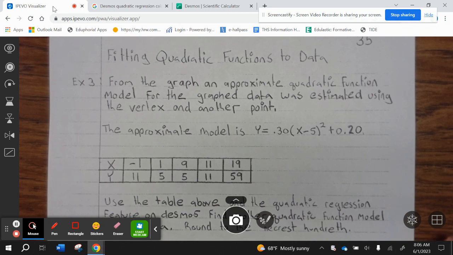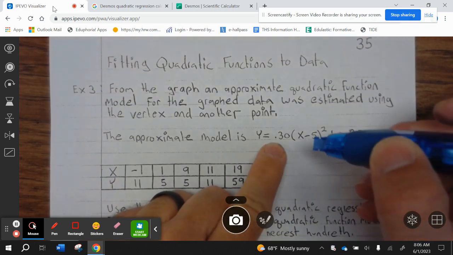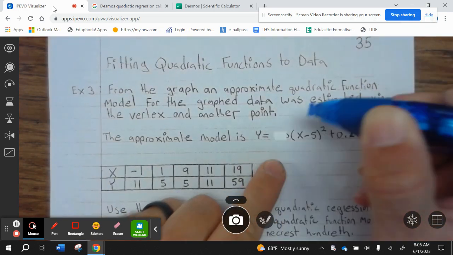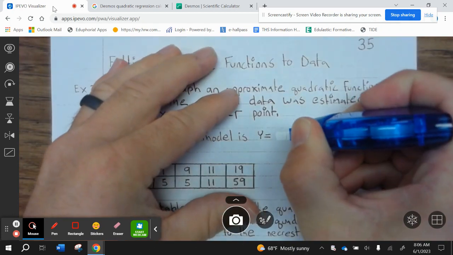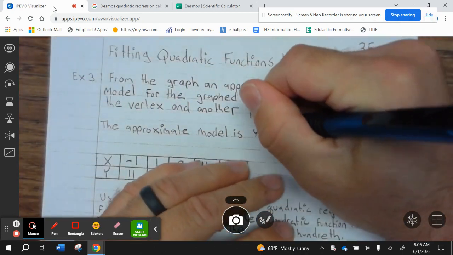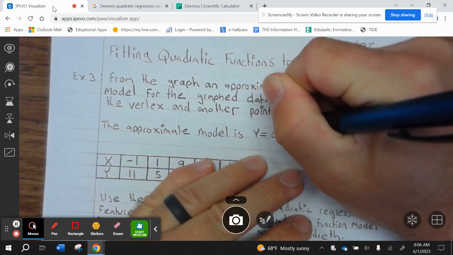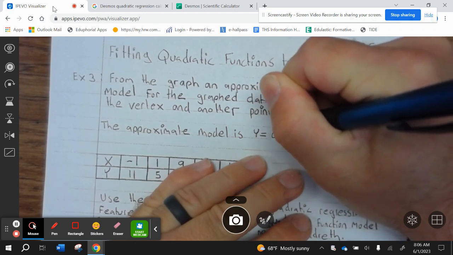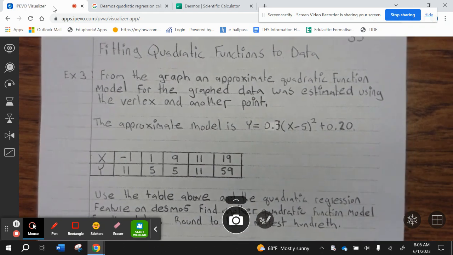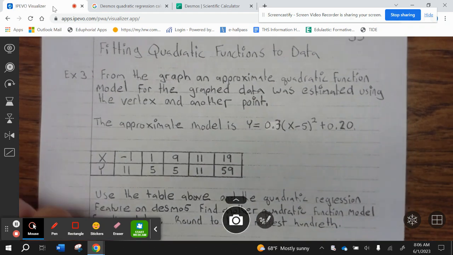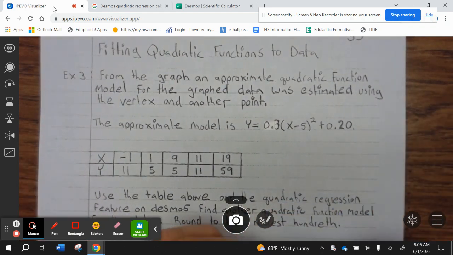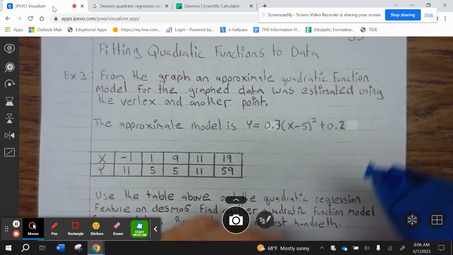The approximate model is y equals .3, and that's not wrong to write it that way, but I think it'd be better to write it as 0.3. That way, with the 0 in front, it's very clear there's a decimal right there, and we can stay consistent.